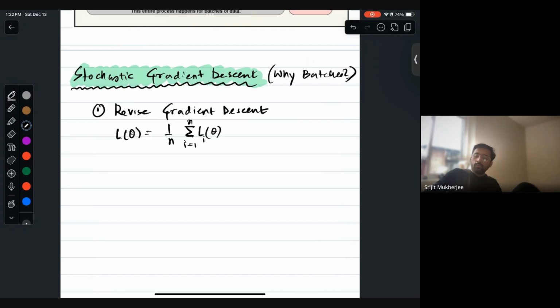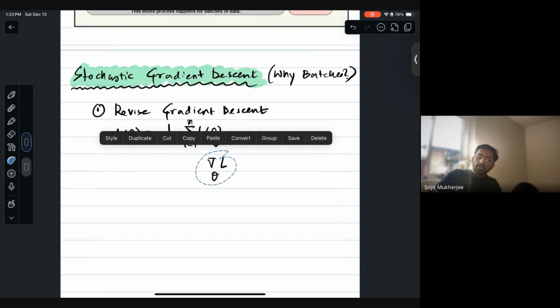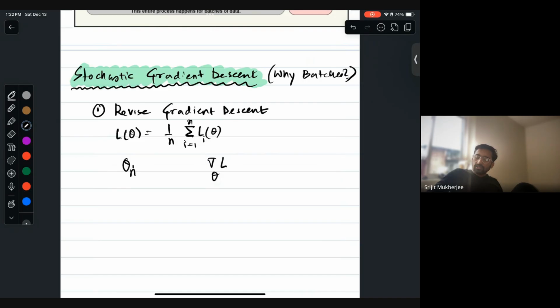Then we calculate the derivative of the loss with respect to theta. We use it as theta k equals theta k minus 1 minus eta times the gradient. This is gradient descent.